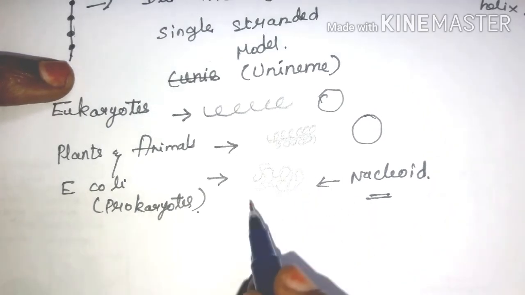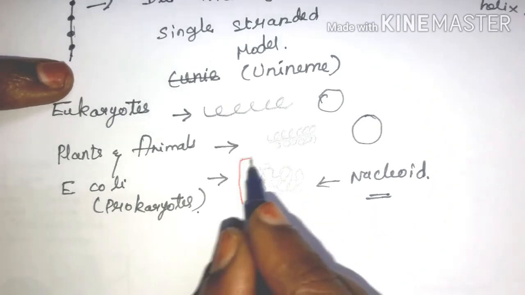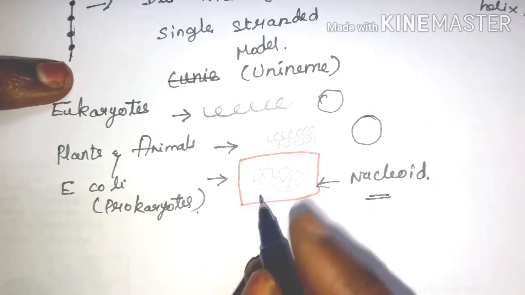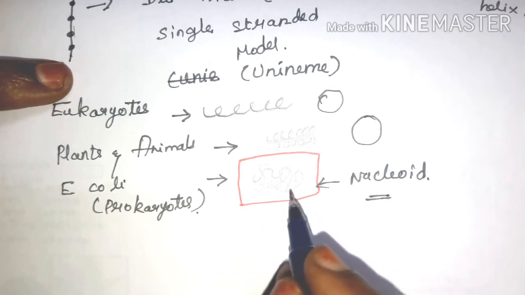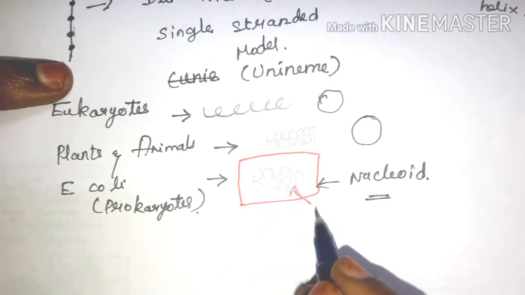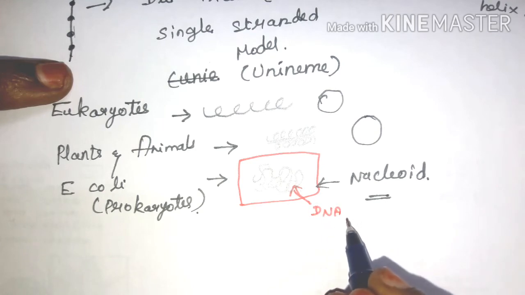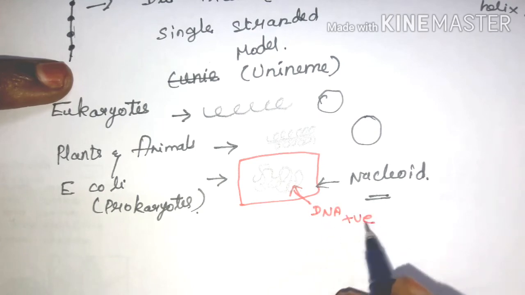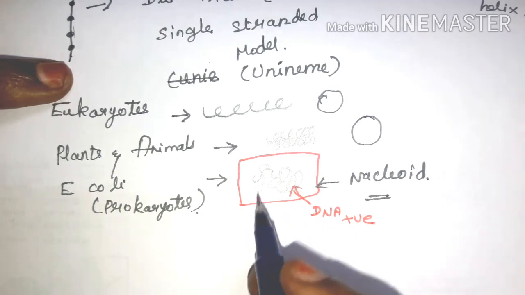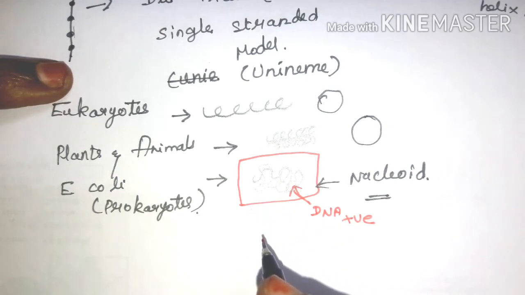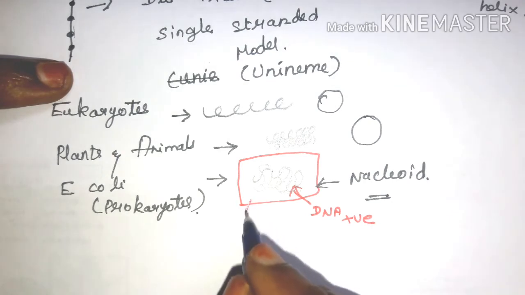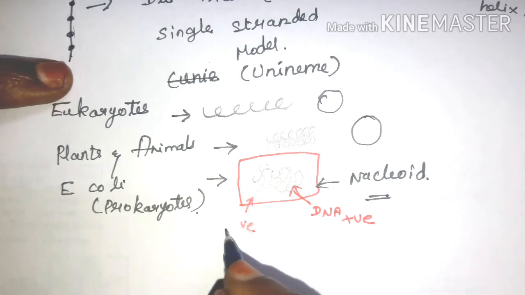How they bind inside the nucleoid: the DNAs are positively charged, and the other material is negatively charged.